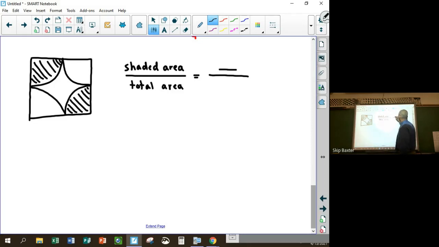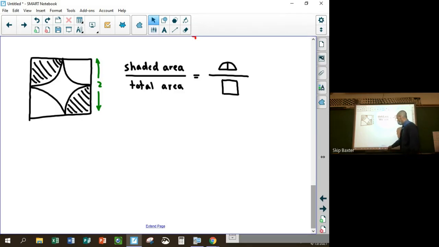I'm just going to draw a little half circle here. And the total area is a square, right? I'll leave it split in half so you can see that there's 2 quarter circles. So again, I'm going to pick a nice convenient number like 2.